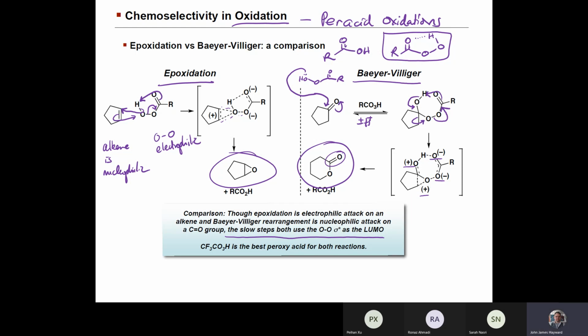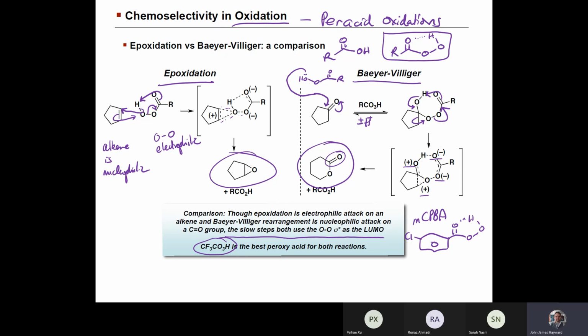And we're very used to using MCPBA, which remember is meta, oh good grief, which is meta chloro per benzoic acid. That's the most common one. It isn't necessarily the best, but it is pretty stable and you can buy it, which makes it the most common.